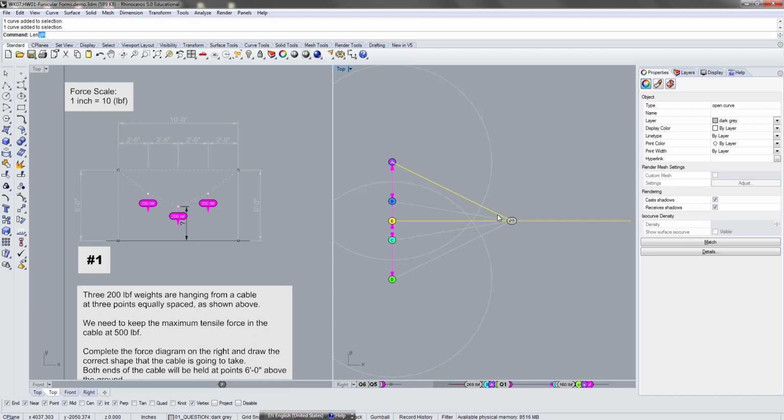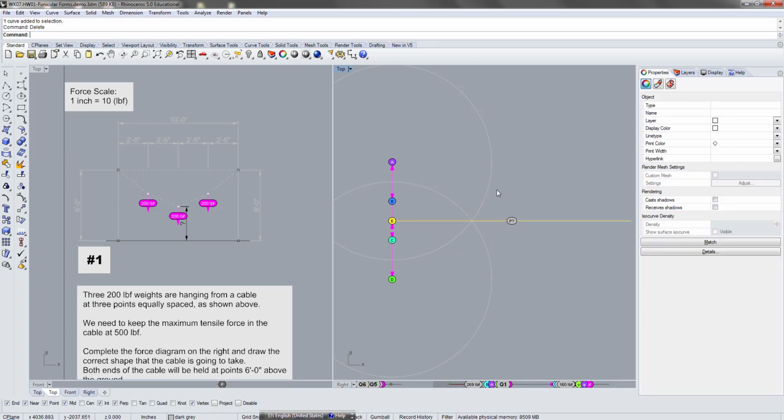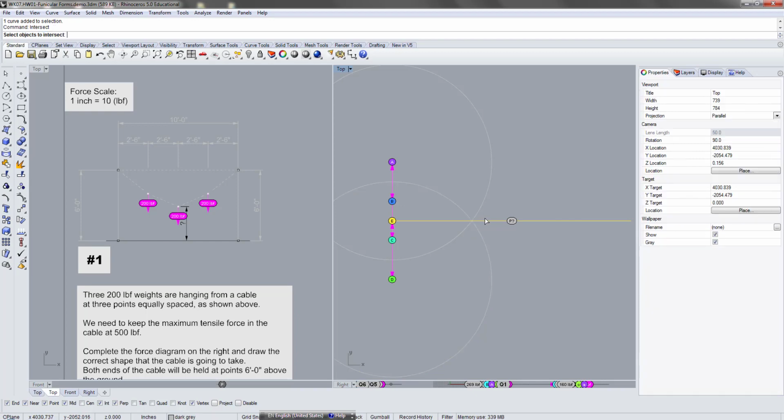Currently this is 67, the middle one is 60.8, and so the top one and bottom one are at 67 inches, which is too long. So in order for these to be below 50, I drew this circle at radius 50. So it's basically the point P needs to be at the intersection of this circle and that horizontal line.